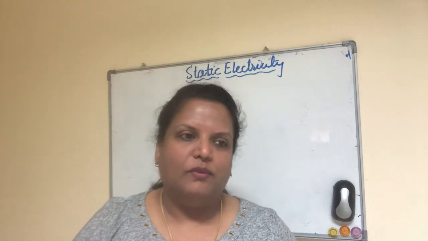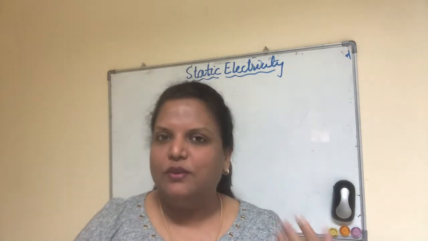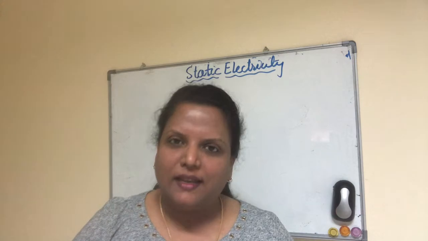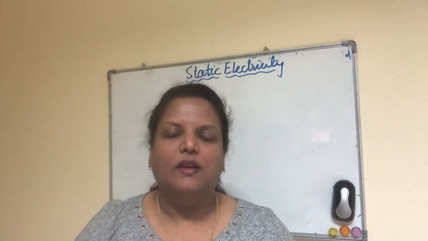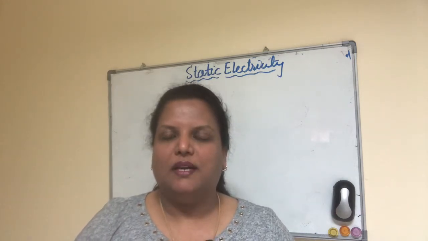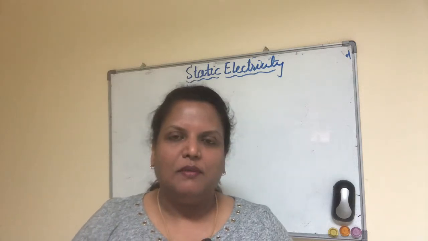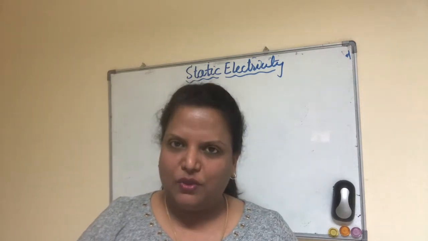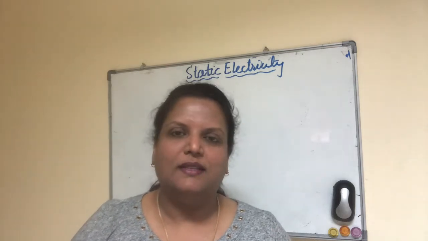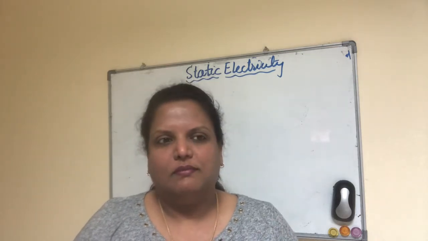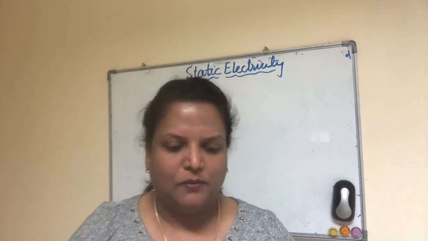Now, what is the difference between the charges at rest? Any atom, if you take, you have got positive charges and electrons, as you all know. So what do we mean by static electricity, the charges which are at rest? If you take a neutral object, you have got plus and minus, they are balanced, and they're just normal objects.